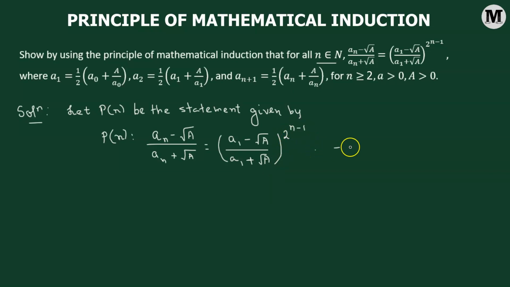So let's label this as statement number 1. We need to verify that this is a true statement for all n belonging to the set of natural numbers.